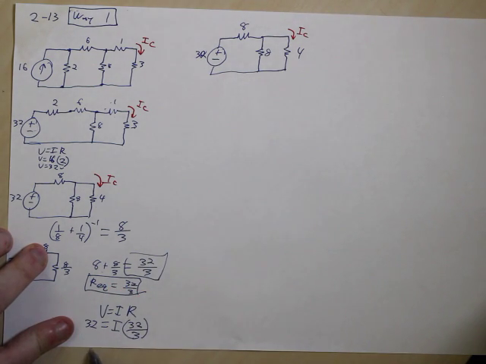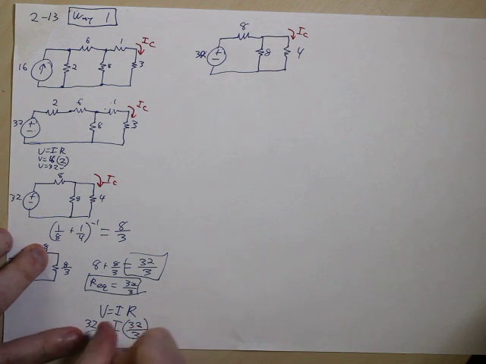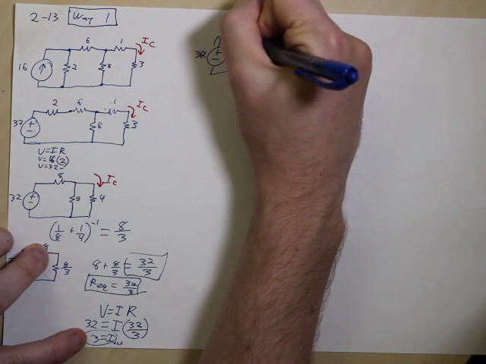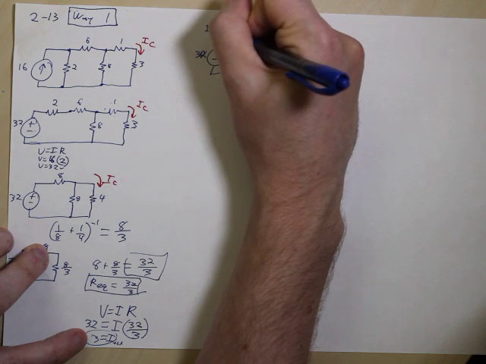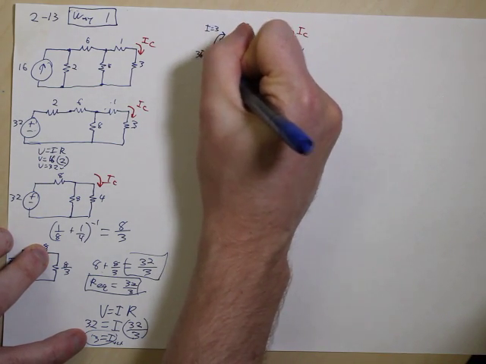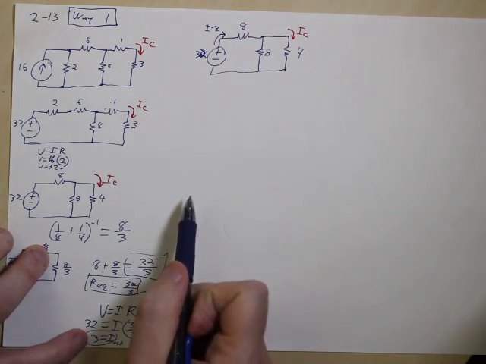So 32 divided by 32 over 3 equals I. So that's the total current coming out. So that's here. I equals 3 of this. That's what's coming out of this 32 volt source. It's not quite clear, but we'll go through again.